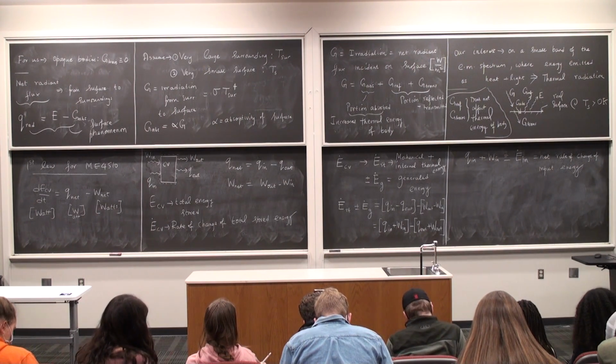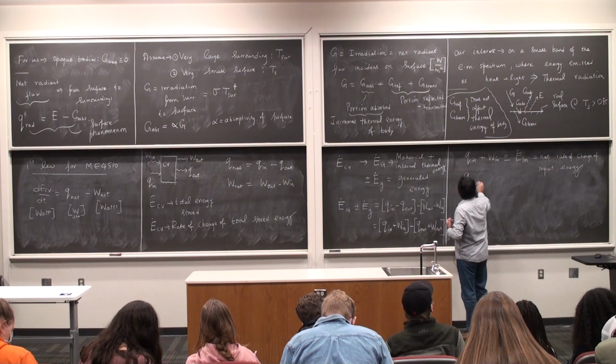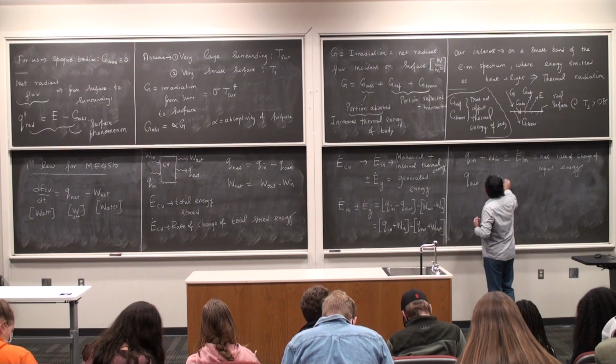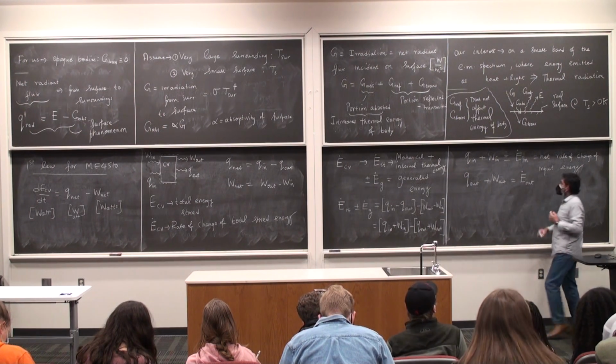Likewise, I'm going to have an E dot out. I'm not going to write it out. So Q out plus W out is E dot out.